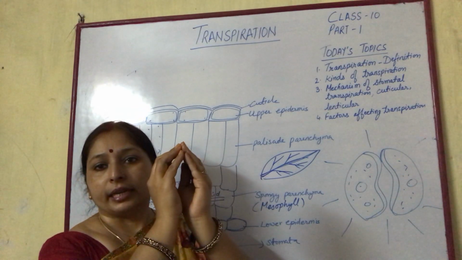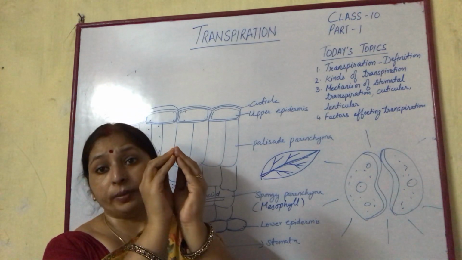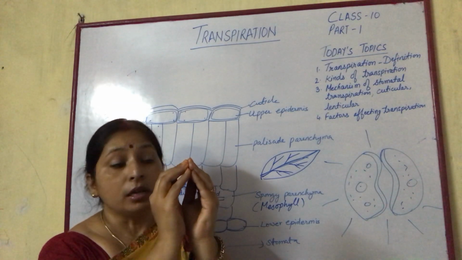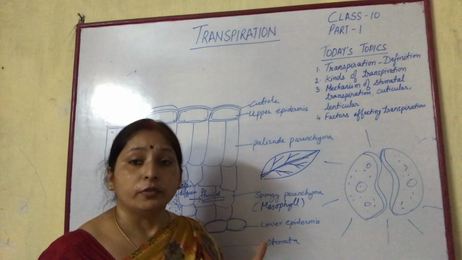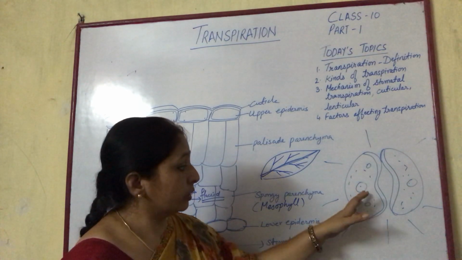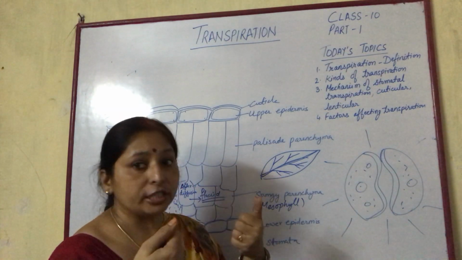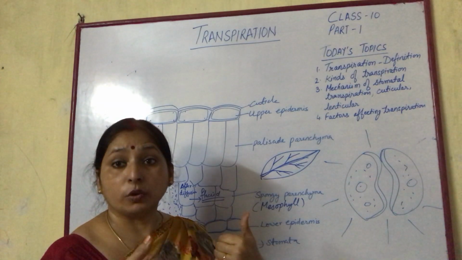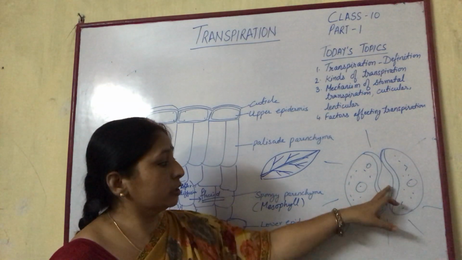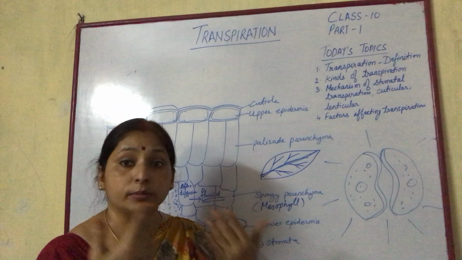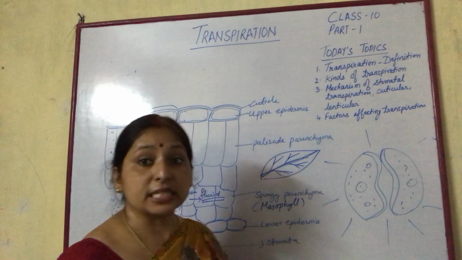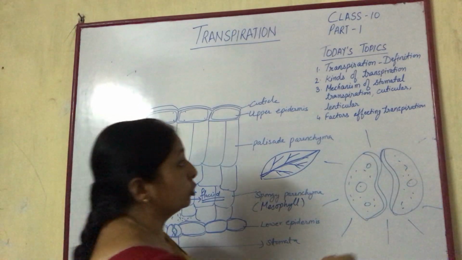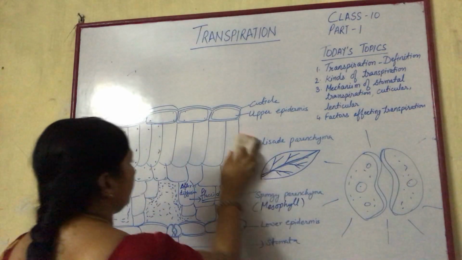An opening is created. This opening is termed as stoma, and through this opening, the water vapor oozes out. It stretches the thick inner wall towards outside, and the stoma is open, resulting in the diffusion of water vapors towards outside. This is about the mechanism of stomatal transpiration.